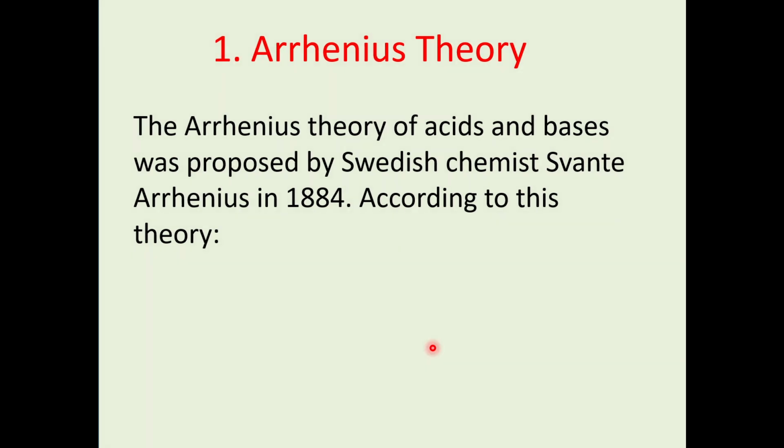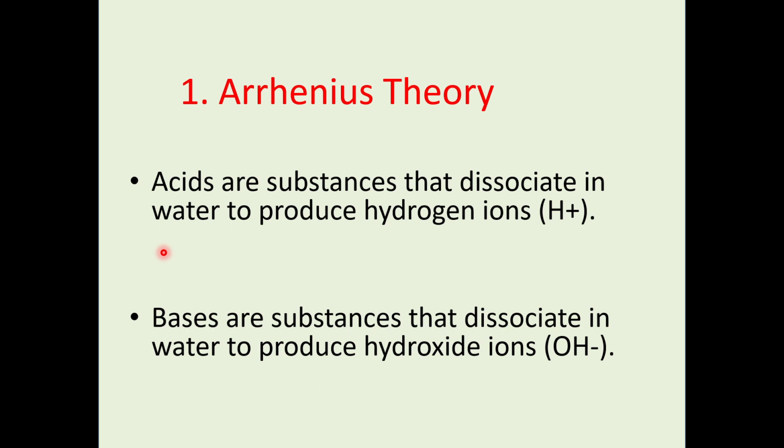Now let's go to the Arrhenius theory concept. The Arrhenius theory of acids and bases was proposed by the Swedish chemist Svante Arrhenius in 1884. Now we will describe acids and bases based on how Arrhenius described them. Acids are substances that dissociate in water to produce hydrogen ions.